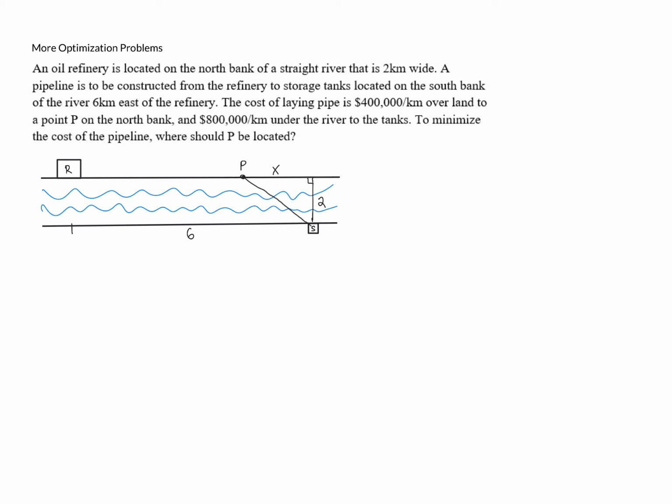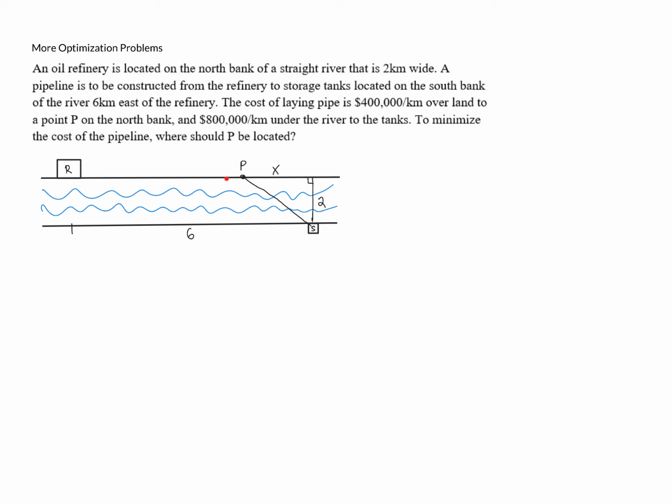That would make a little right triangle for us. So it might be that there is some optimal point in between just doing it all directly underwater or going all the way over here before crossing. And so we want to figure out what the best option is for this point where we go from the overland to underwater portion.